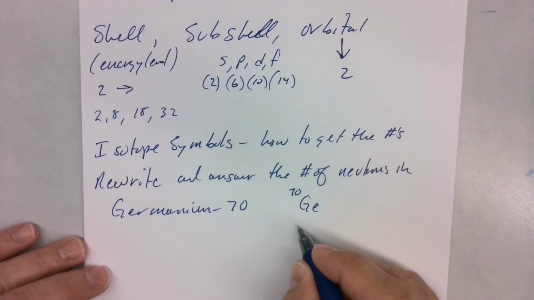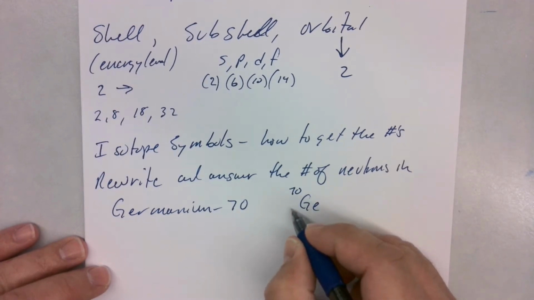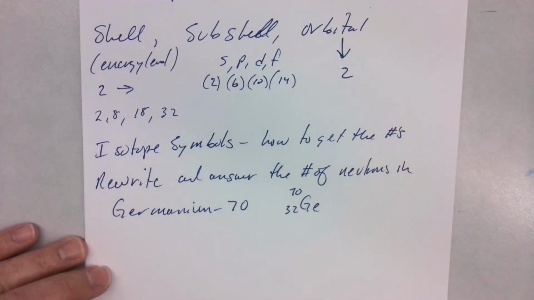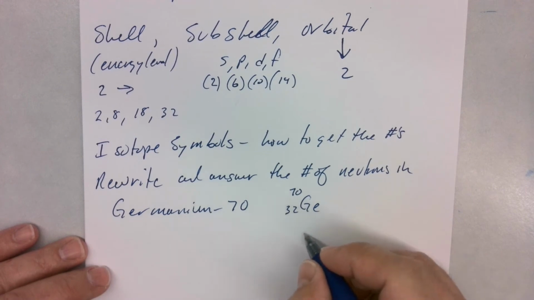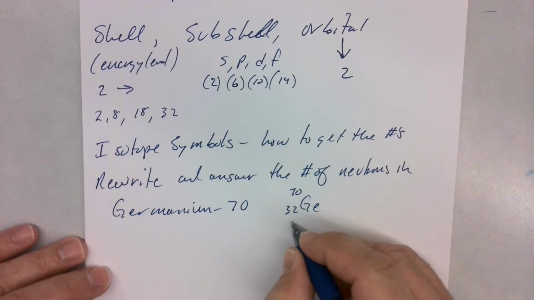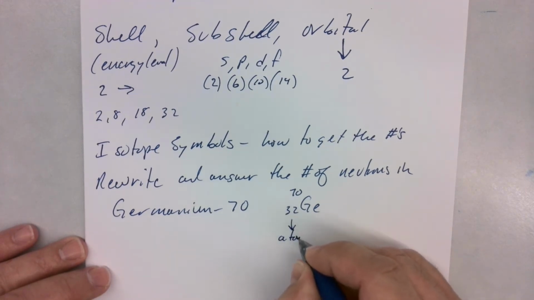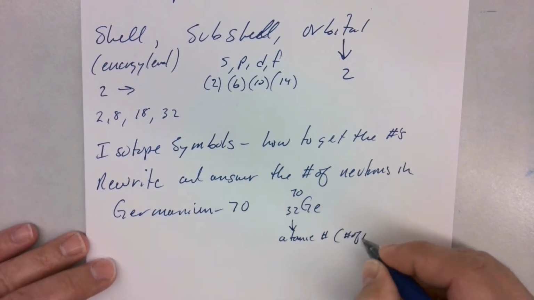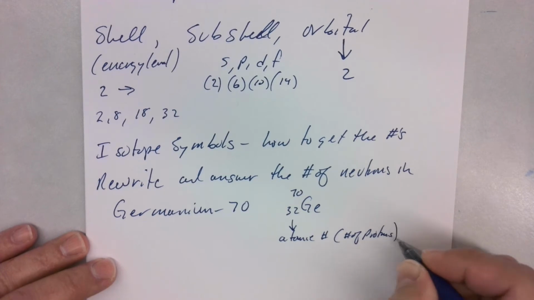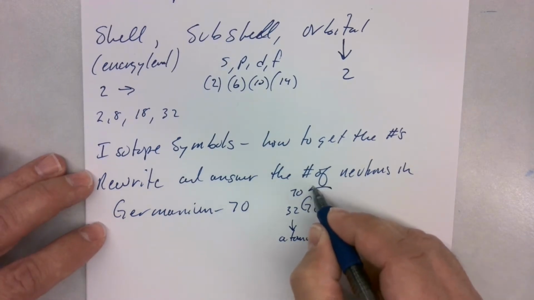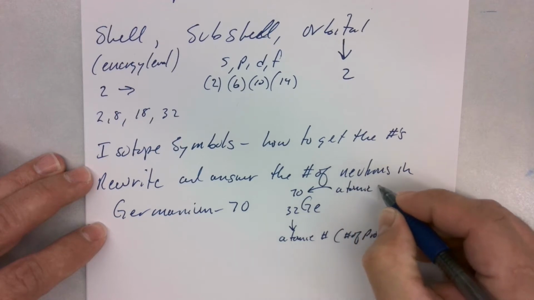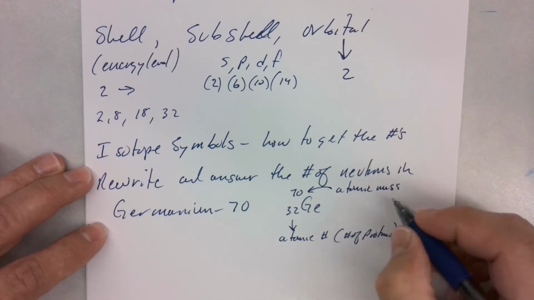What's my subscript going to be? 32. How do we know my subscript was 32? Because it's the number of protons, but what was that called? That's my atomic number, right? That is my atomic number, and that is the number of protons. Okay? What was the superscript? That is your mass, my atomic mass, and that is the what?